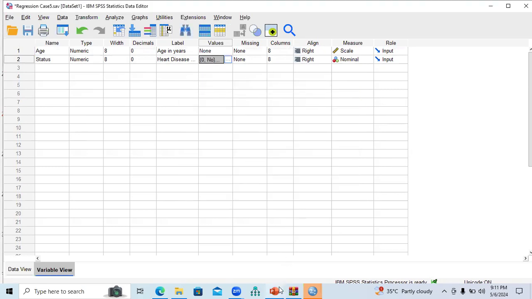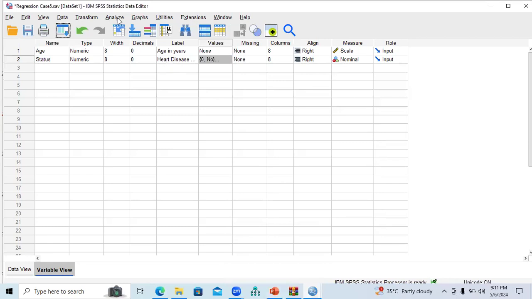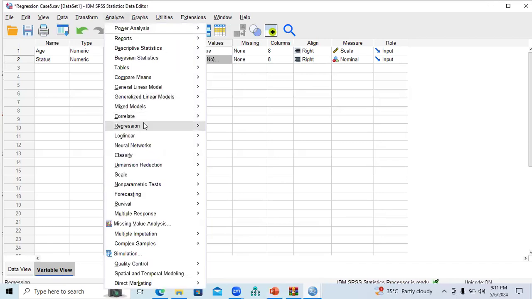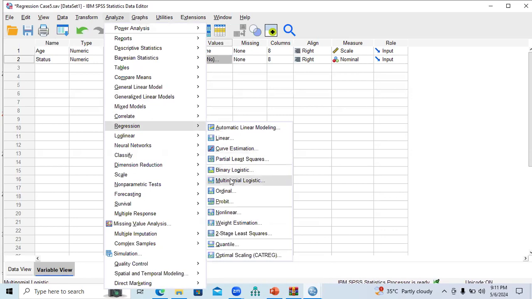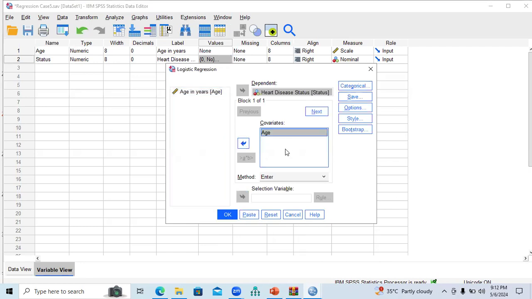As a first step, you need to create a predictive model for your consideration. First of all, you go to Analyze, go to Regression, and here you will find Binary Logistic. This is the regression that we are going to use. You simply click on it, and then you need to put your heart disease status as the dependent variable and your age as a covariate here.